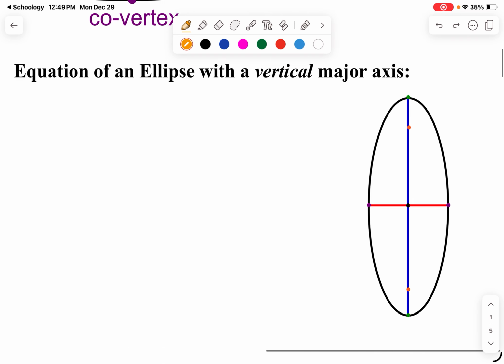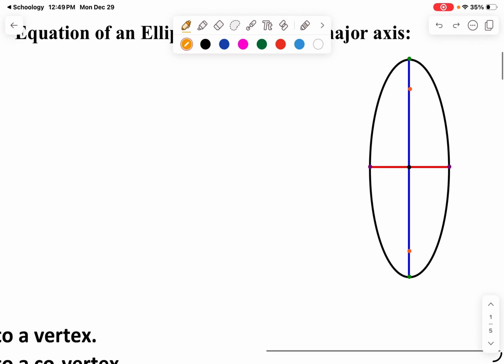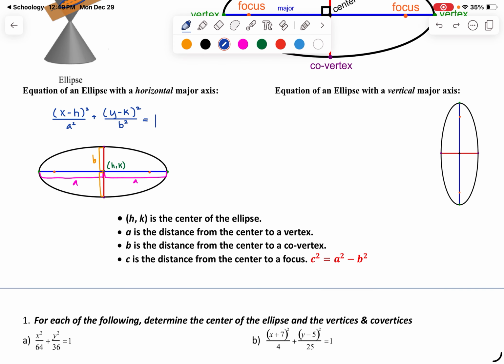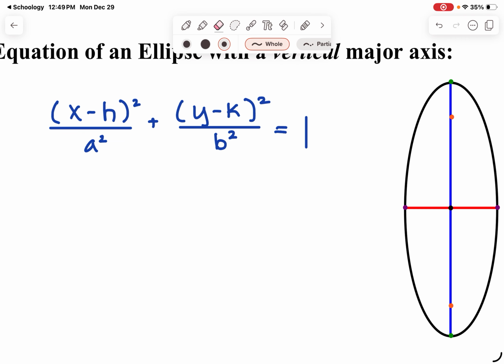Okay, now let's write the equation. Actually, nope, let's write the equation of a vertical ellipse. Looks very similar. In fact, I'm going to use my friend duplicate. Okay, looks very, very similar. The only difference is a squared and b squared are switched.